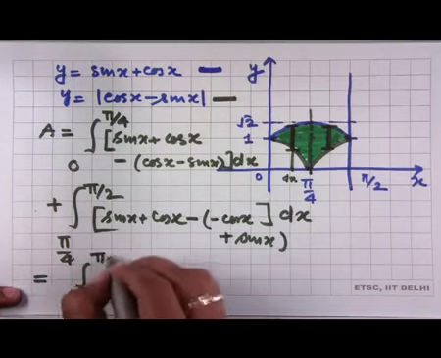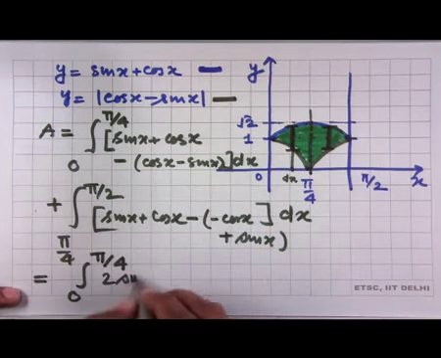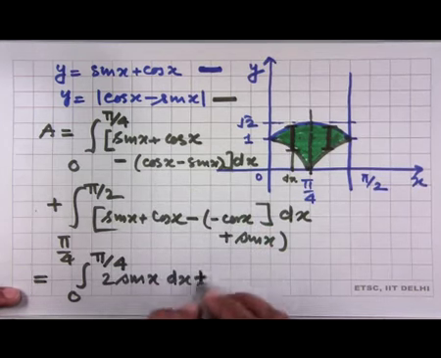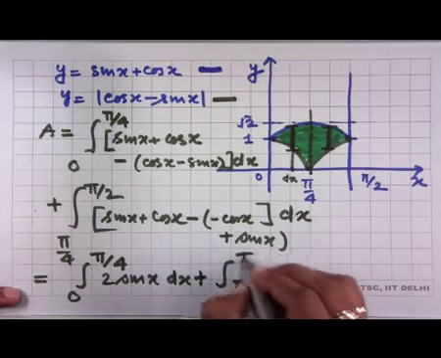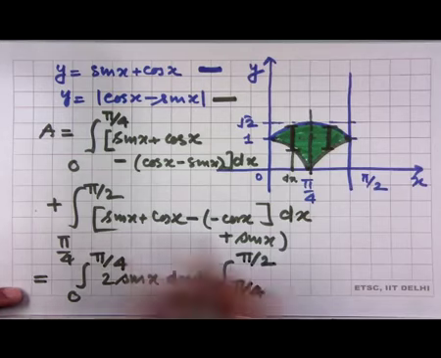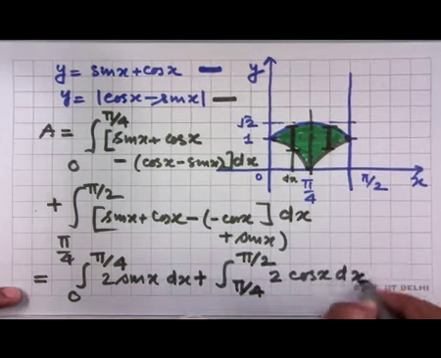from 0 to pi by 4, 2 sin x dx, plus from pi by 4 to pi by 2, 2 cos x dx. Let us integrate it.